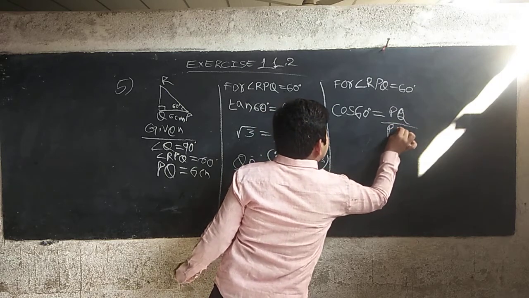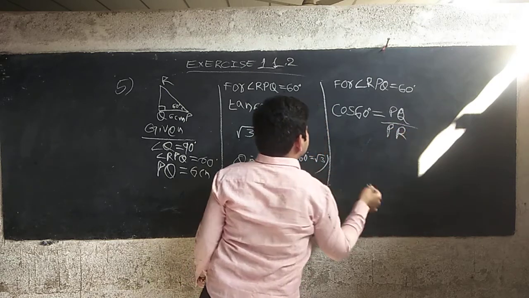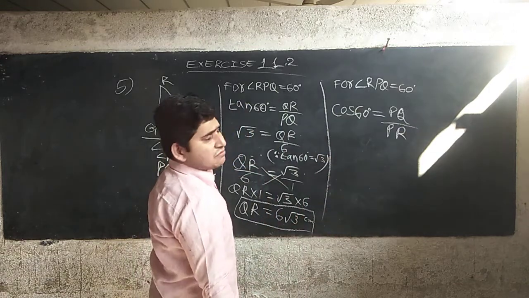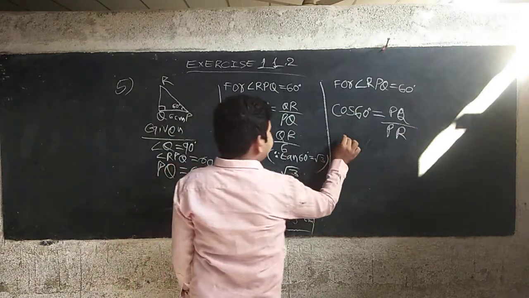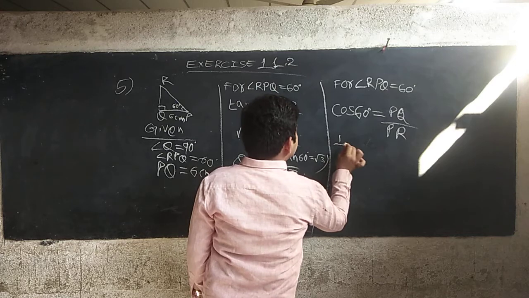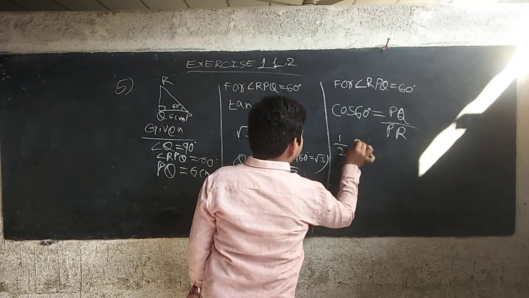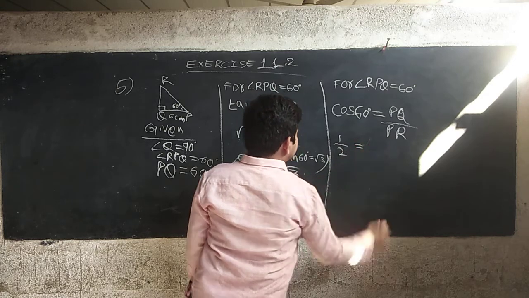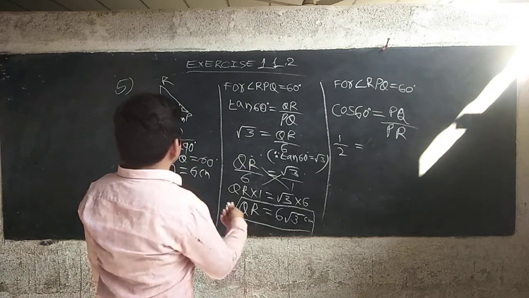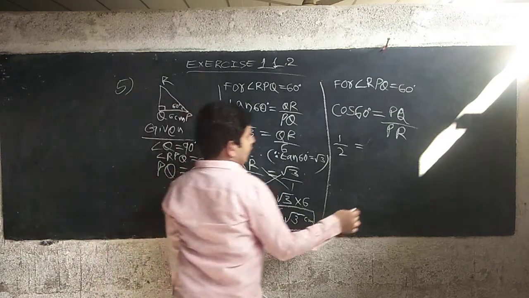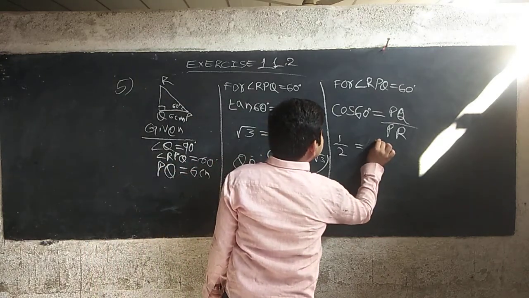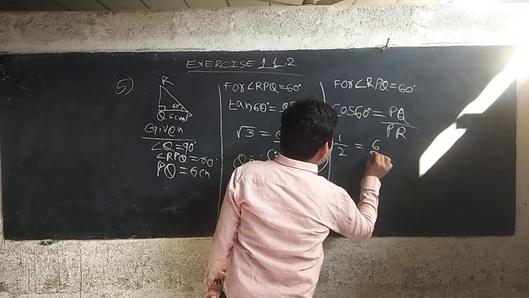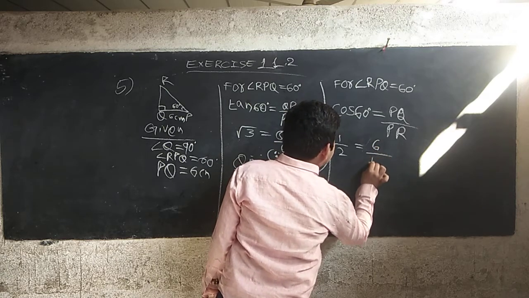Now cos 60 is equal to what? 1 by 2. 1 by 2 equal to PQ, which is 6, by PR. So 1 by 2 equals 6 by PR.